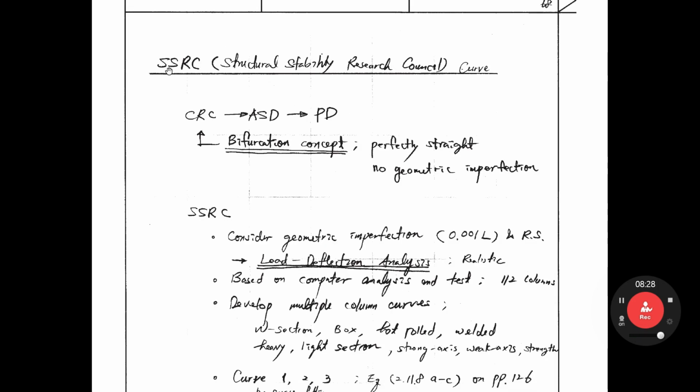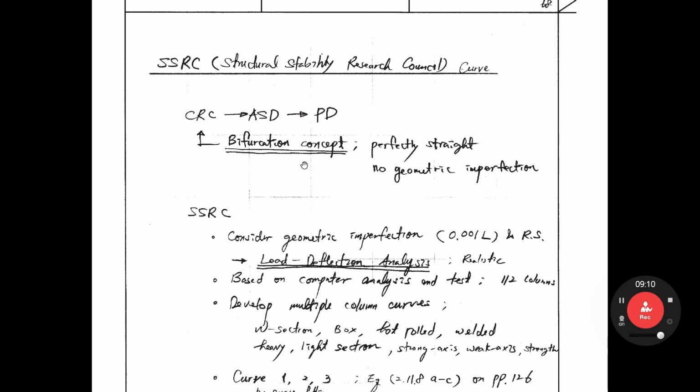Let's look at the SSRC curve, Structural Stability Research Council curve. If we recall again, from the CRC curve, the ASD curve comes. From the ASD curve, the PD curve comes. The CRC curve is a bifurcation concept. So we consider a perfectly straight column, no geometry imperfection, but it considers residual stresses.